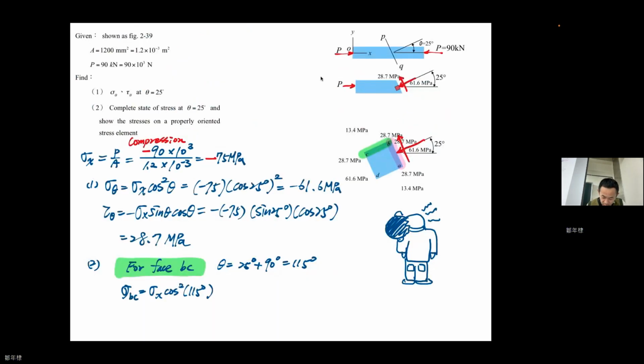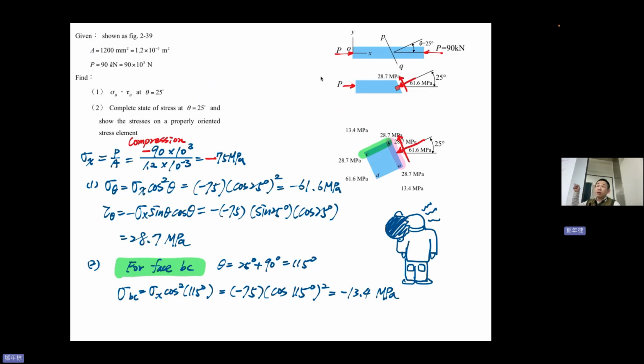Equal to minus 75 cosine square 115 degree, which is minus 13.4 MPa. Okay, so you have sigma BC equal to minus 13.4.